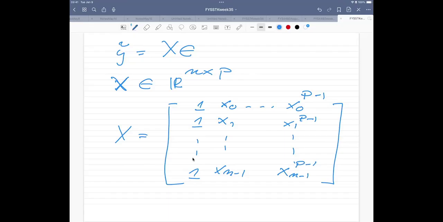This is something which we last time called the design matrix.